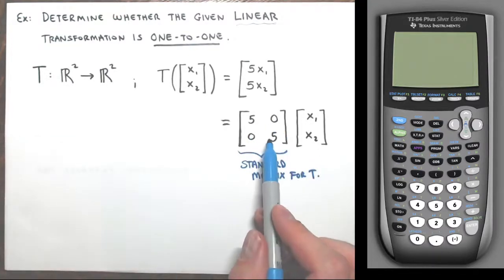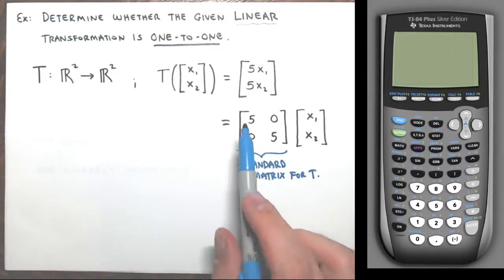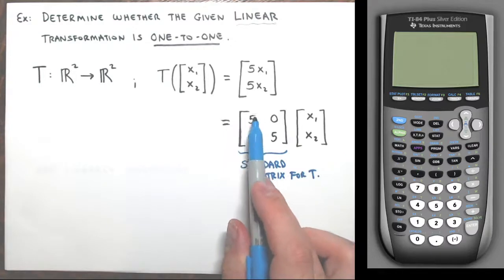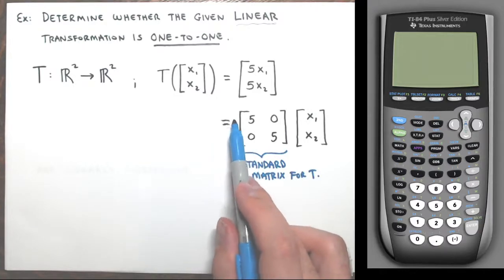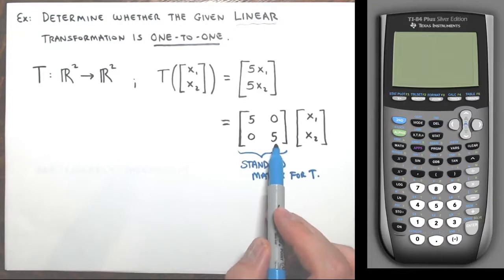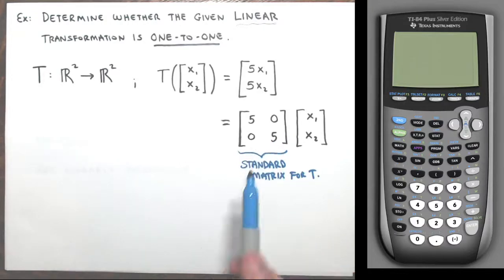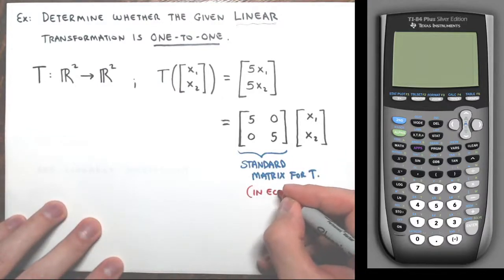Now, it's already in row echelon form. If you look down each row, the first non-zero entry has zeros below it. First non-zero entry, 5, has zeros below it. First non-zero entry, 5, there's nothing below it. So this is already in echelon form, though not reduced.